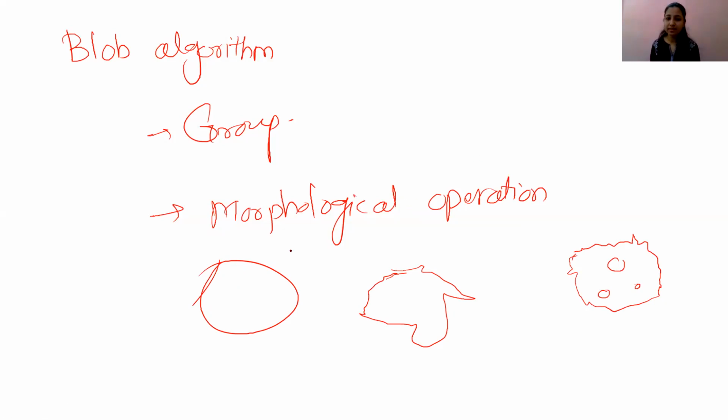Required image is like this, but I'm getting some extra part at the border, as well as some unwanted thing inside. You want to remove this unwanted part, and secondly you also want to remove this extra error or noise which is there. So for that we perform morphological operation, and there are basic two morphological operations. One is erosion and next is dilation.